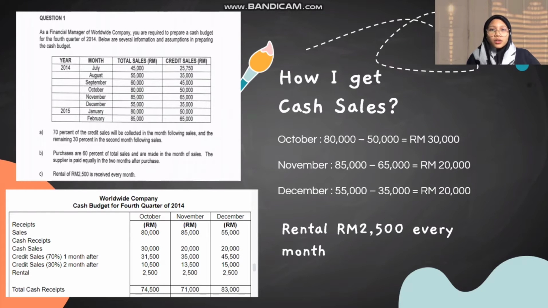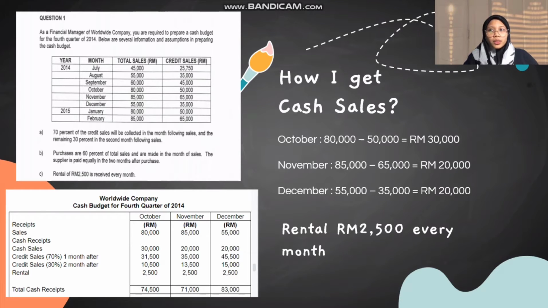We're going to look first at the receipts, where we have sales, cash receipts, credit sales for 1 month after and second month after, and then the rental. Okay, first, how I get the cash sales. We are given total sales and credit sales, so we just subtract the credit sales from total sales. For October, 80,000 minus 50,000 ringgit, and we get 30,000 ringgit.